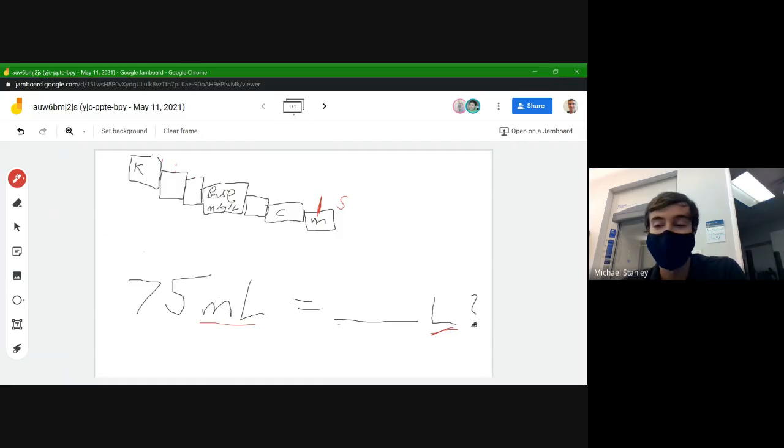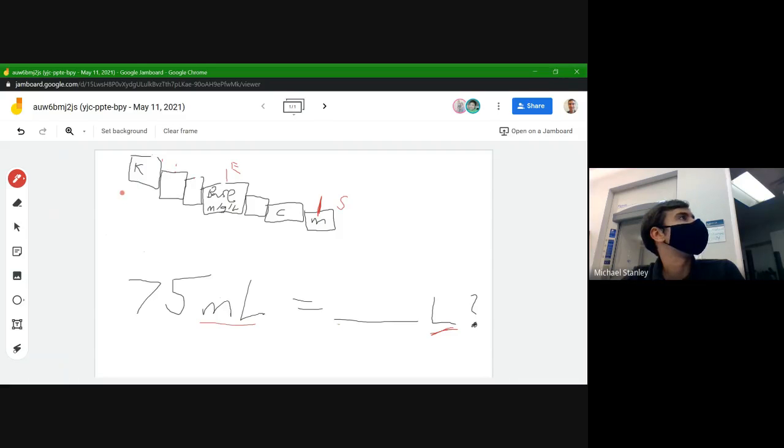We're dealing with regular liters. Oh, so the base unit. Base unit, precisely. Remember, meters, little m, grams, little g, or liters, big L or little l, is our base unit. This is going to be our ending point.